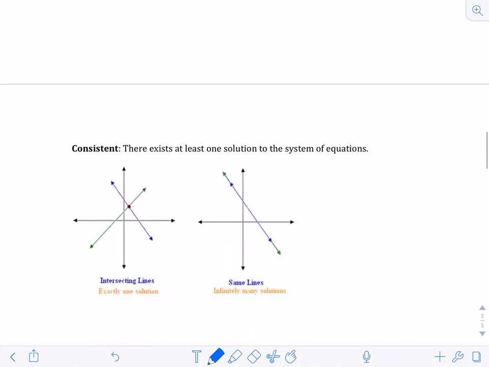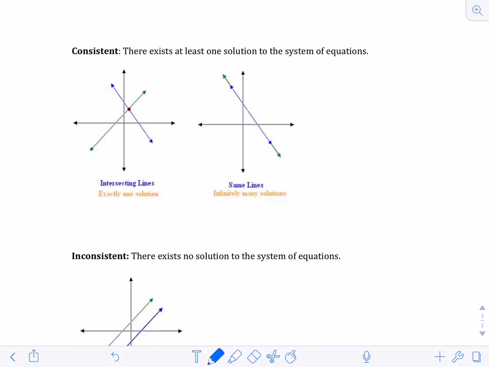Now, when it comes to systems of equations, we have some terminology that we use to describe them. If we say something is consistent, that means that there is at least one solution to the system of equations. When the system of equations intersects in one point, like it does right here, that is one solution.